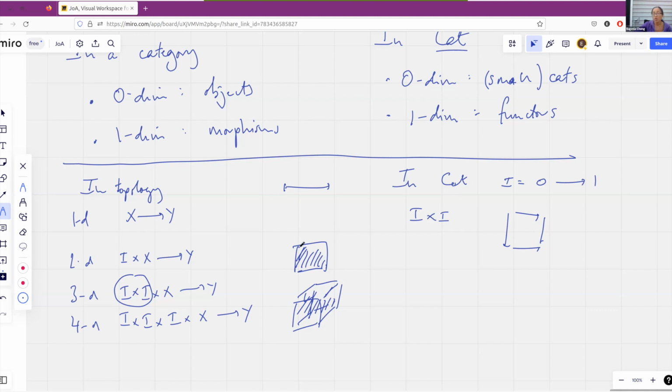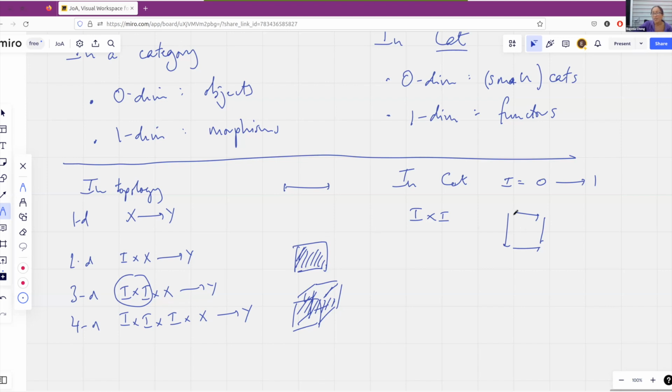Because in topology, I hope you can still hear me, if you do an interval crossed with an interval, this outside is not exactly the same as this other outside, right? There's a homotopy in between them across this square. And so this is like a quintessential homotopy space.